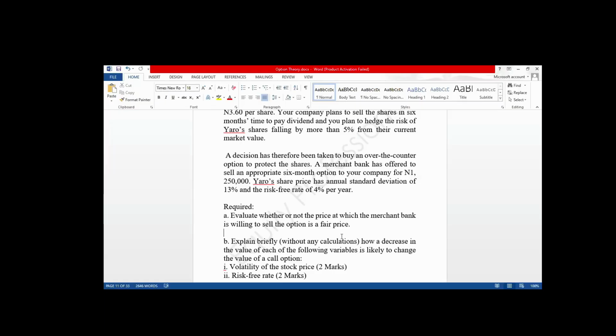What is the appropriate price for a 6 months put option? Remember, you are planning to sell your shares. That means you need to obtain rights to sell your shares. So what is the appropriate price for a 6 months put option?